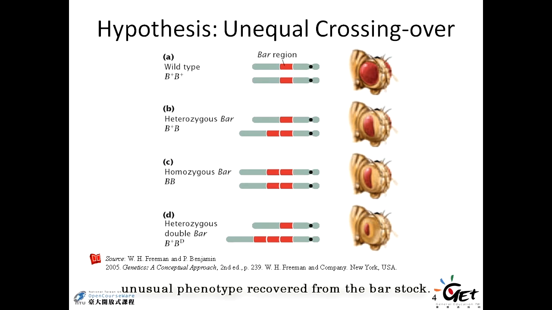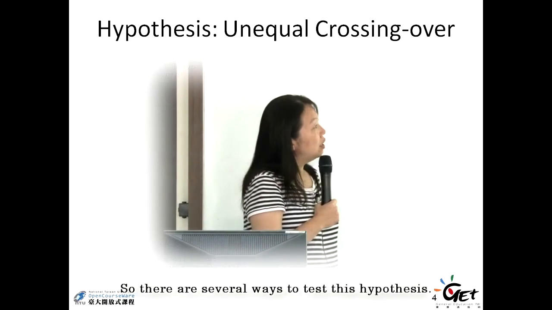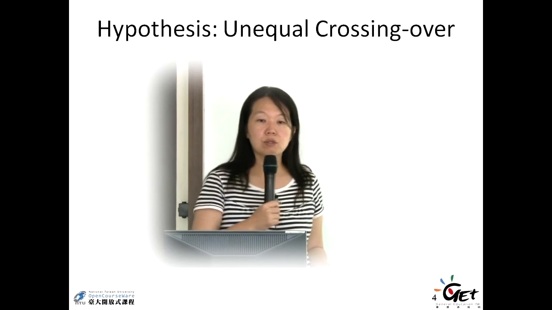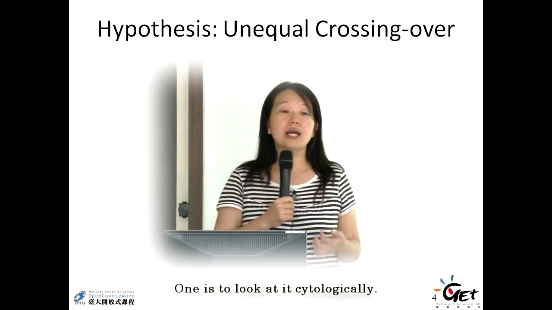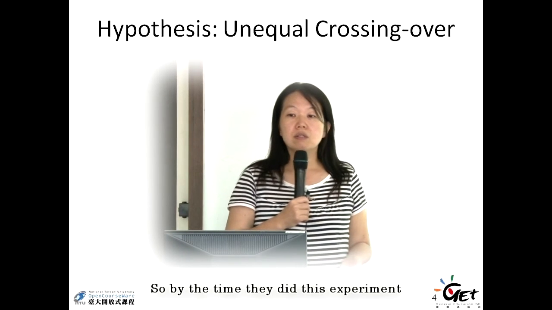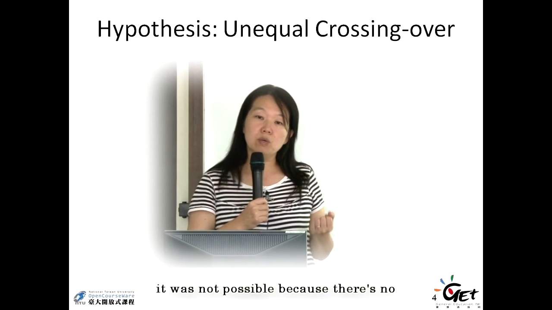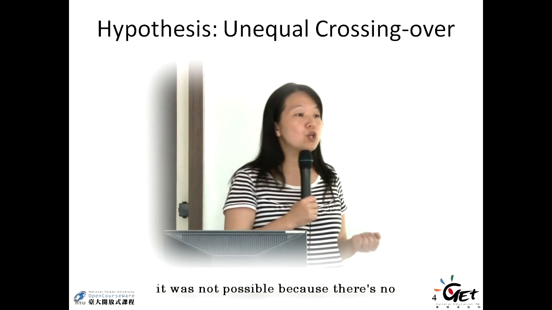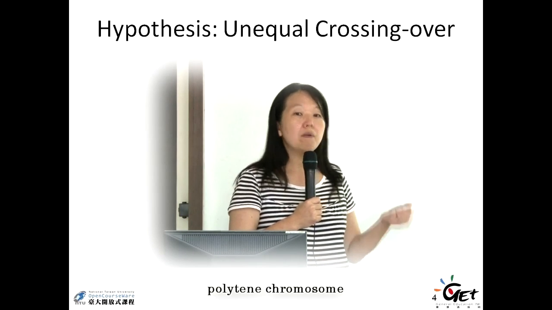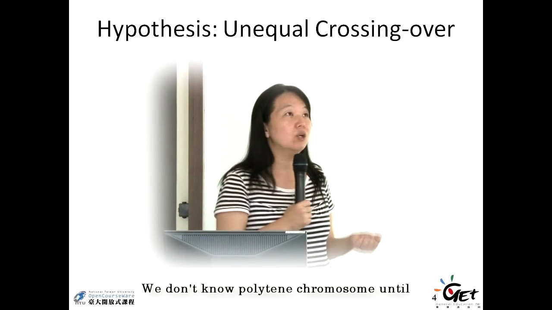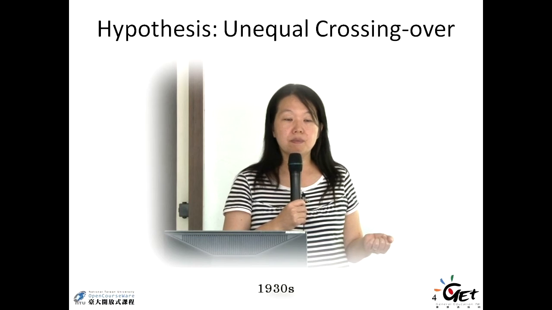the bar stock. Okay. So there are several ways to test this hypothesis. One is to look at it cytologically. But by the time they did all this experiment, it was not possible because there's no polytene chromosome. We don't know polytene chromosome until the 1930s.